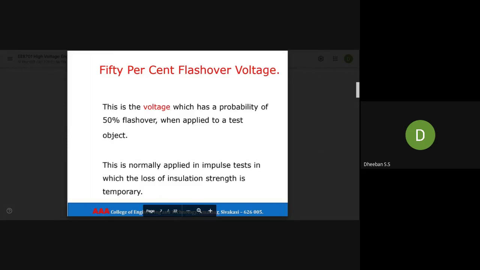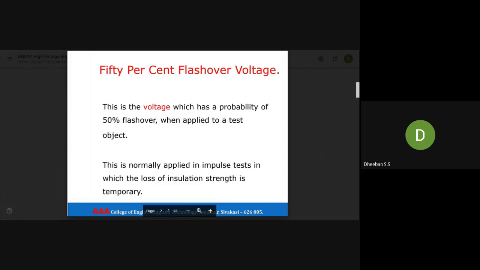So you have to take a test object, for example an insulator, and if you apply a 50% flashover voltage, the insulator will be subjected to a critical disruptive voltage of 50%.